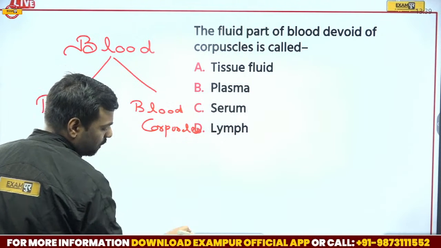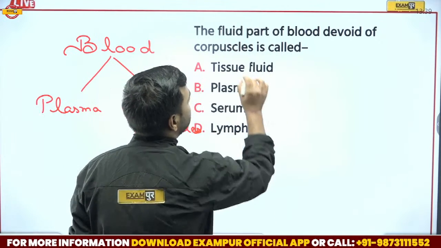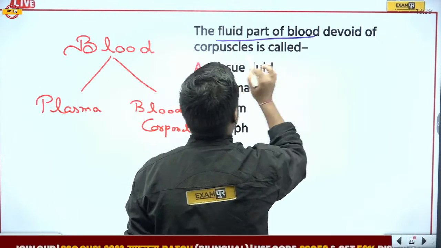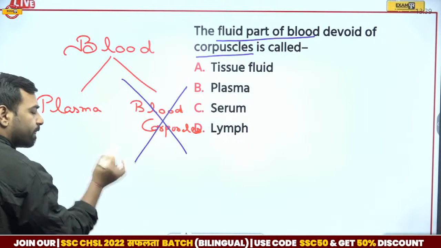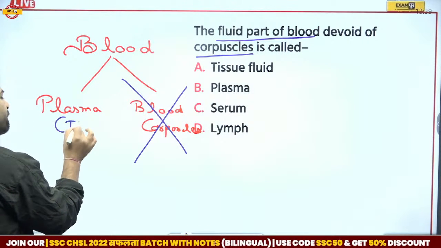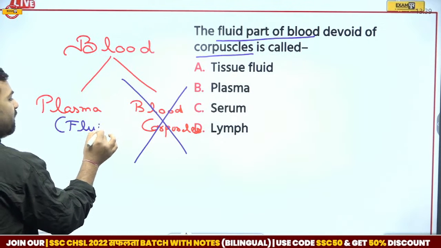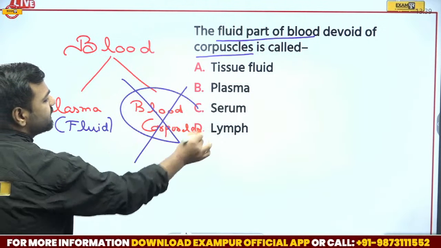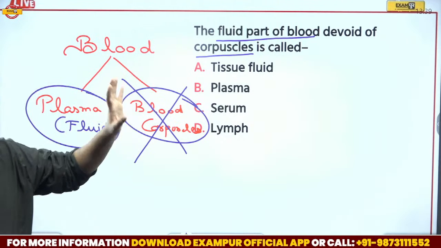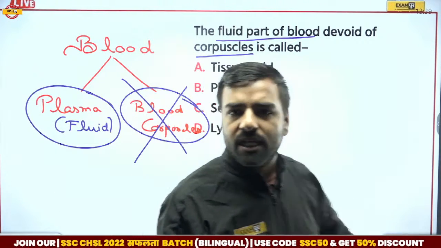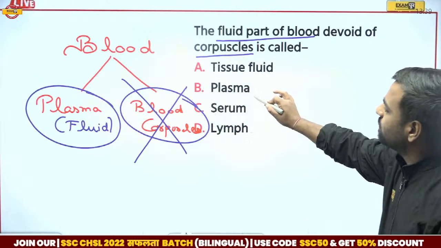Now think, what is the question being asked? The fluid part of the blood which does not have corpuscles. Remove this part. We know this is the fluid part as well. If I remove the corpuscles, obviously plasma is left. So Kirti, Jia, you are correct. The correct answer is plasma.